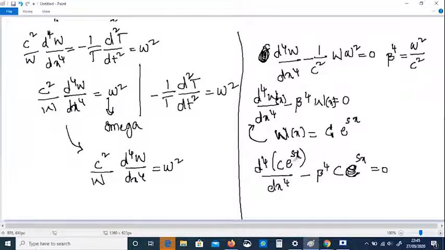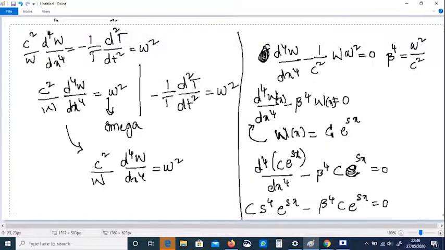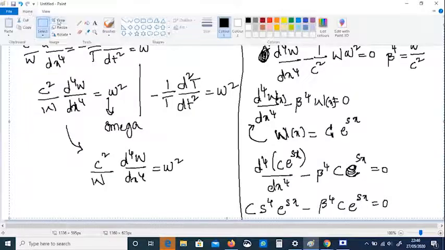So if we take derivative 4 times, we will get C s to the power of 4 e to the power of sx minus beta to the power of 4 C e to the power of sx equal to 0. Since e to the power of sx cannot be equal to 0, we can take it common and it will cancel out, and C as well. So finally you will get an expression like this.